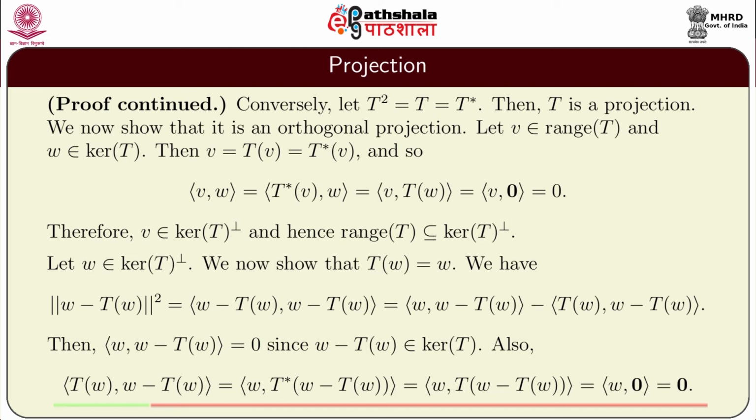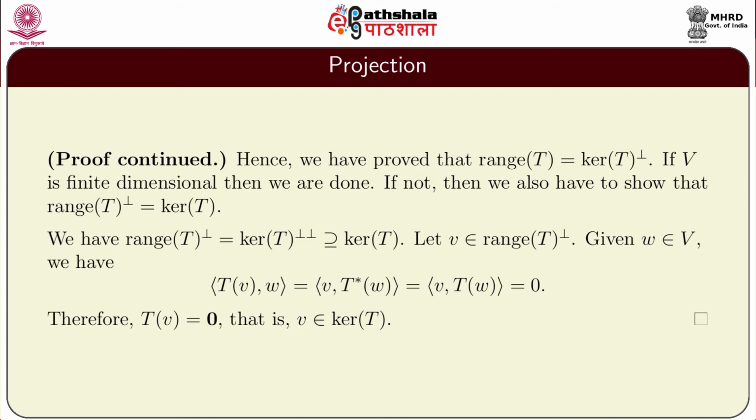is equal to inner product W comma T star of W minus TW. We are using the adjoint here, and that is equal to inner product W comma T of W minus TW, that is because T star is equal to T, which is given to us, and that is the same as inner product W comma the 0 vector, and therefore it is 0.